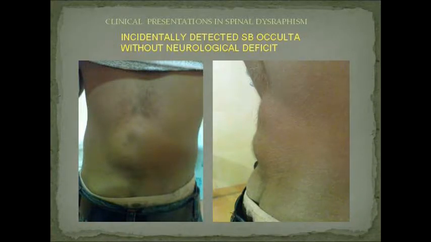Let's go to the other group now, patients with spina bifida occulta, which means the external lesion is very insignificant or inconspicuous, but may have serious internal problems. And this is a case with a small bulge at the back, and this boy, when he came to the physician for something else, the physician noticed this bulge and detected spina bifida occulta.